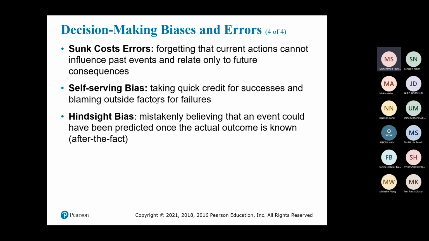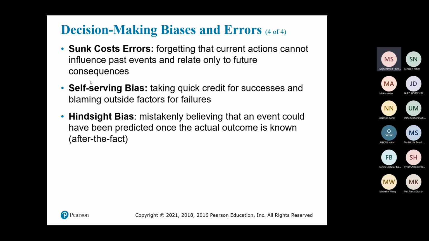So sunk cost error happens when you try to fix your decision, you try to fix the problem that already happened, you try to fix the choices that you already took in the past. You have to remember that when you make your choices, it will affect your future, not your past.